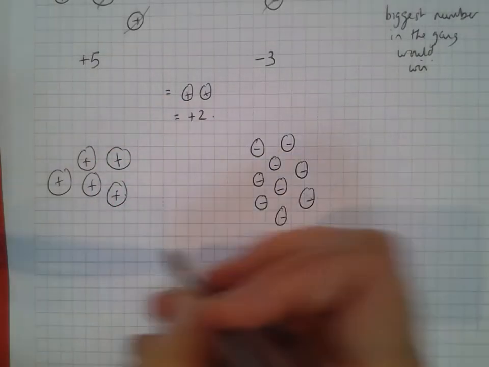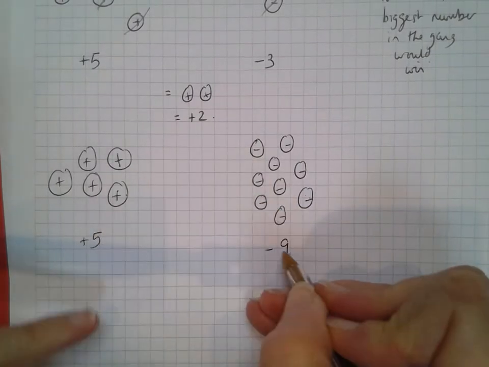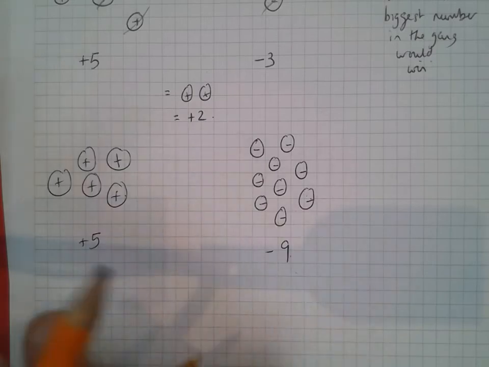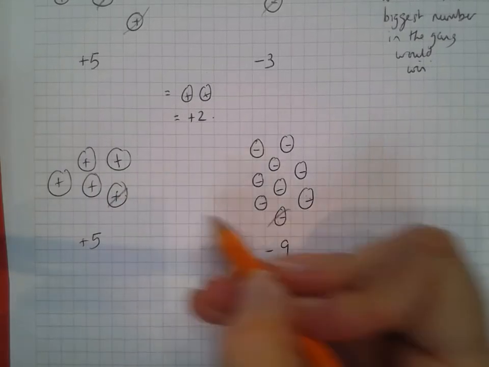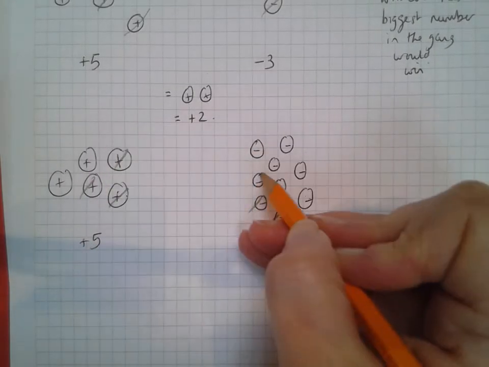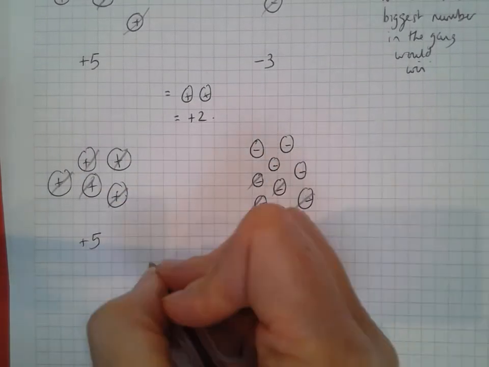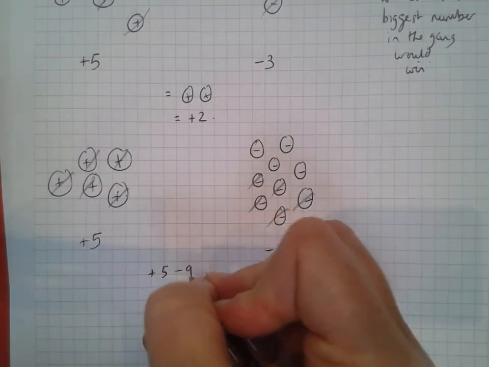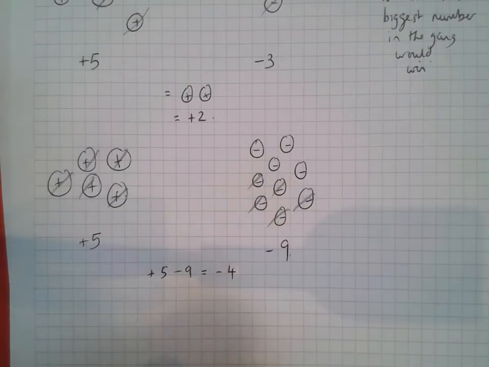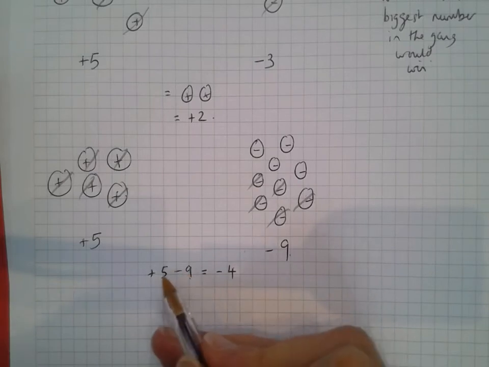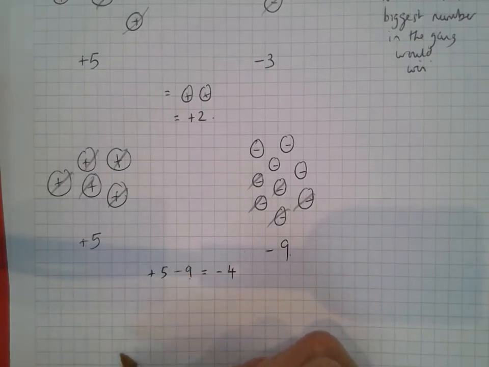And there were 5 of them and 9 of them. Who's going to win? That's right, the negs are going to win. How much are they going to win by? Well, let's see. How many are left? 4. So plus 5 minus 9. The winners are the negs because they've got the bigger gang. They win by the difference between these 2 numbers, which is 4, negative 4.